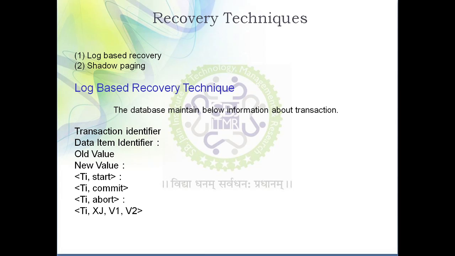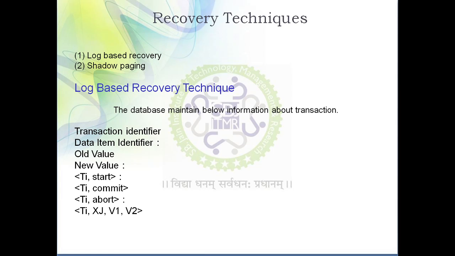Ti comma abort represents that the transaction is cancelled for a particular reason. And the last one is Ti comma xj comma v1 comma v2, which represents that transaction Ti has made a change in data item xj and changed its value from v1 to v2. This is the set of information maintained in a log.